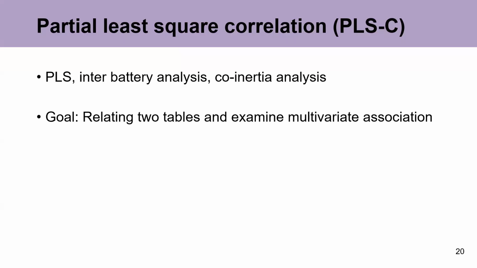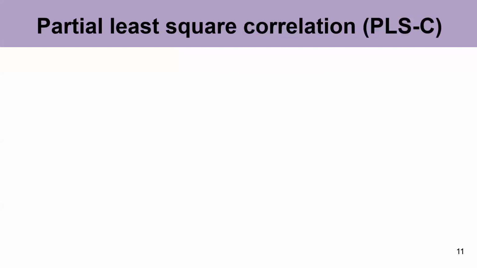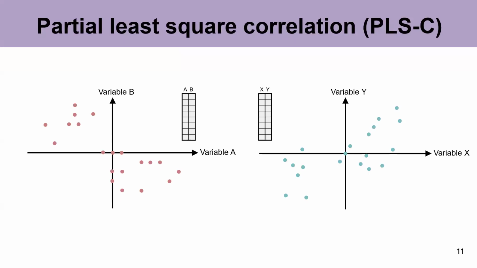The goal of PLS is to relate two sets of variables and look at their multivariate associations. It's an extension of PCA. Visually, now we have two sets of data. I have the original variables A and B, and now I have another set, X and Y, and I want to look at how correlated they are, right?